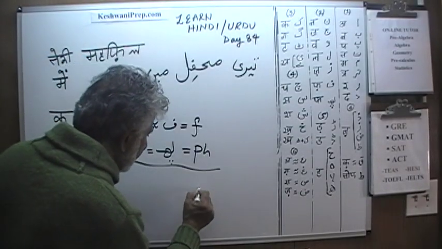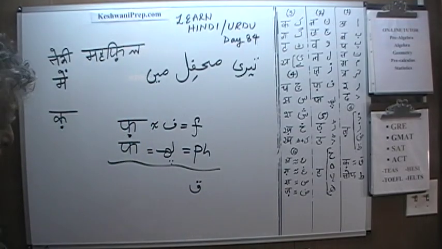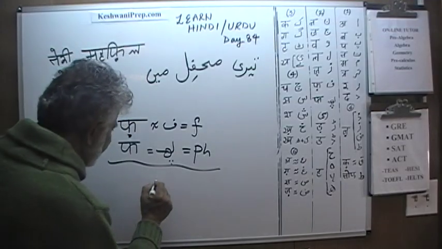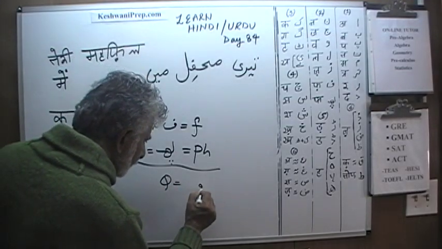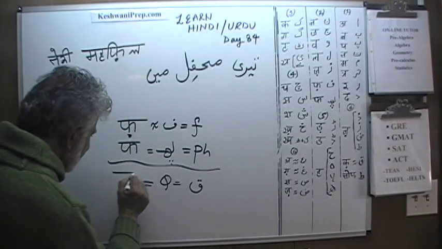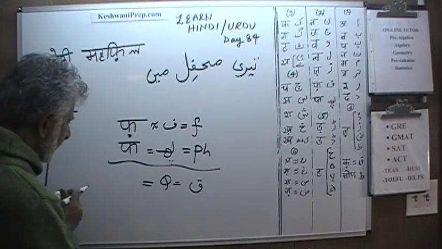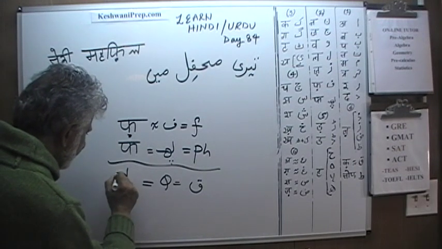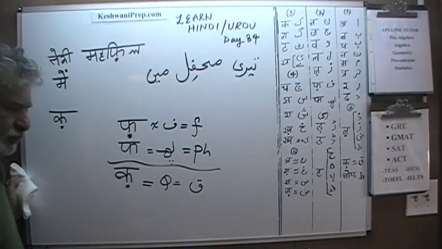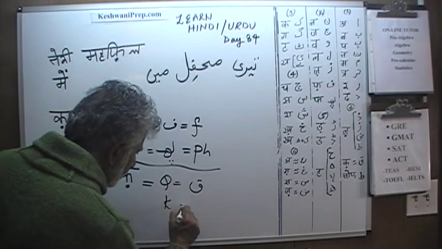The same thing is going on with the Q. Hindi does not have Q. It does not exist. That's not a Q. Well, it is a Q in Urdu. Hindi does not have Q. It doesn't exist. Urdu does. Urdu's Q is this one, kaf. So what do we do? We write the ka, and we put a dot underneath, just like you do it here, to remind ourselves that this is a Q and not a K. K would be this.